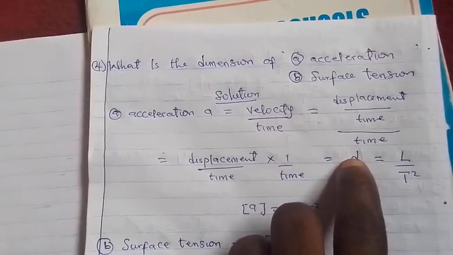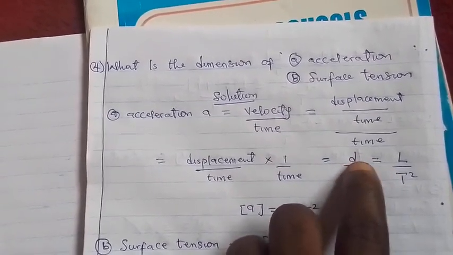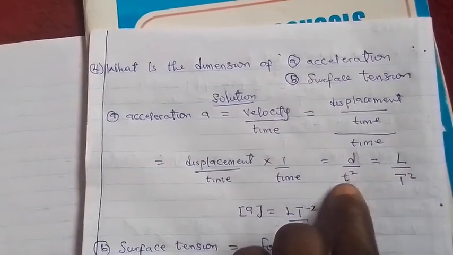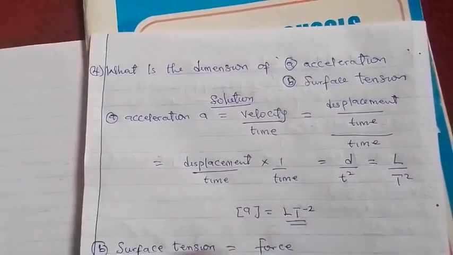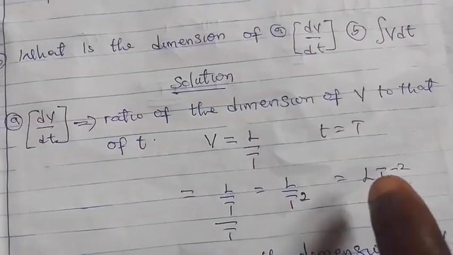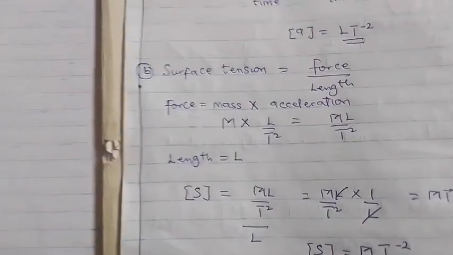Displacement is distance and distance is length. So that is d equals L and t square will be T square. So acceleration is LT to the power minus 2. You will agree with me that it is the same thing as what we did the other time here. That's also acceleration.